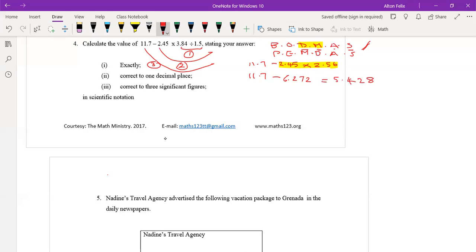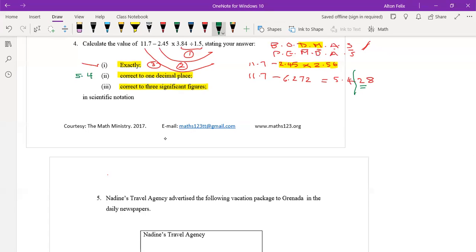Right, so that's the exact figure in part one right here. Calculate that exactly. Then we need to correct it to 1 decimal place, then 3 significant figures. Okay, so 1 decimal place, right? We simply examine the digit after the 4. It's less than 5, so the answer will be 5.4.